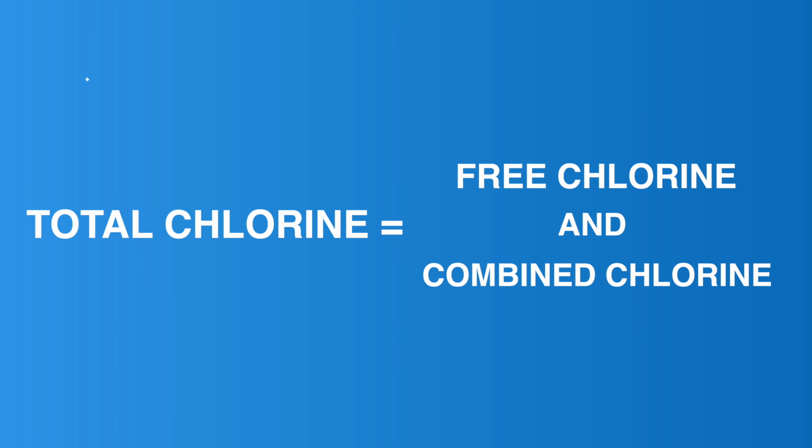The third reading that we're going to be looking at when it comes to our testing of our water is something called total chlorine. Now, total chlorine is basically the total amount of both free and combined chlorine inside your swimming pool. This is important to know because there's a lot of test kits out there, both on the professional market as well as the backyard pool pro market, that basically only test for total chlorine and free chlorine.